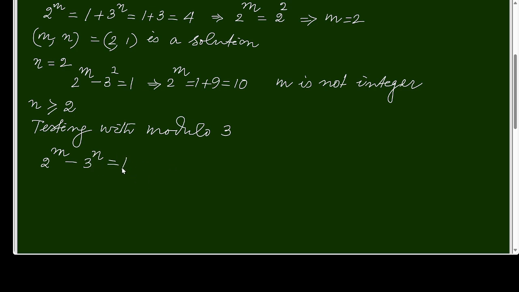So 3 to the power n is a multiple of 3. So for any power n, it will be a multiple of 3. Now 2 to the power m, that time will be congruent to 1 modulo 3.